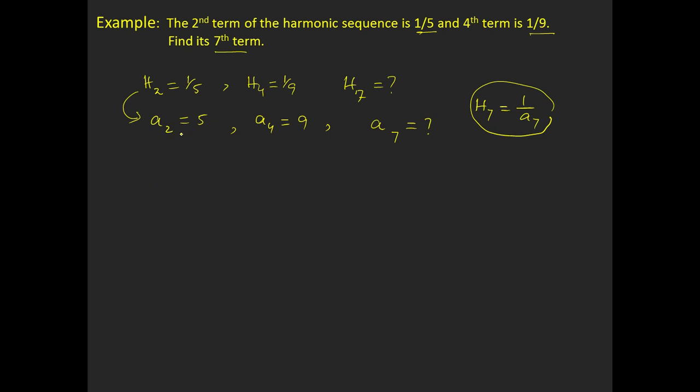We know that A2 is equal to A1 plus d, and A4 is equal to A1 plus 3d, as we know from the previous videos of arithmetic progression.